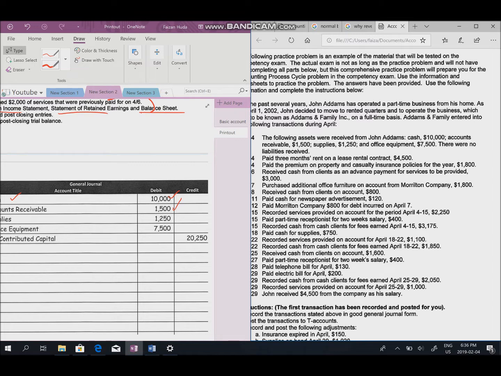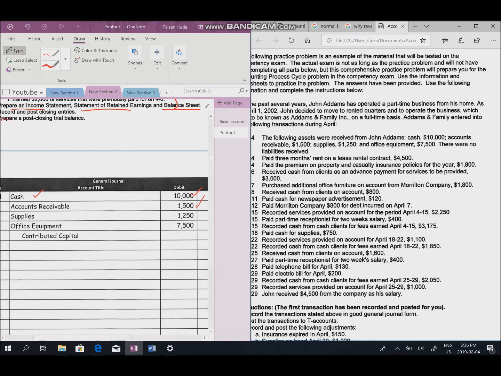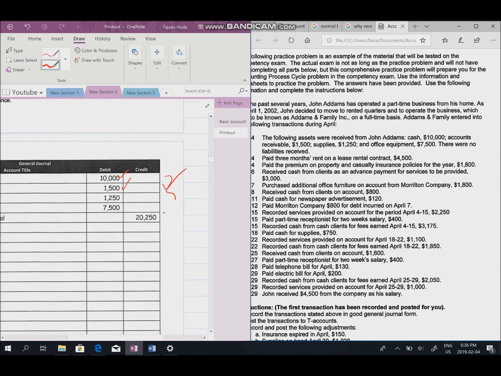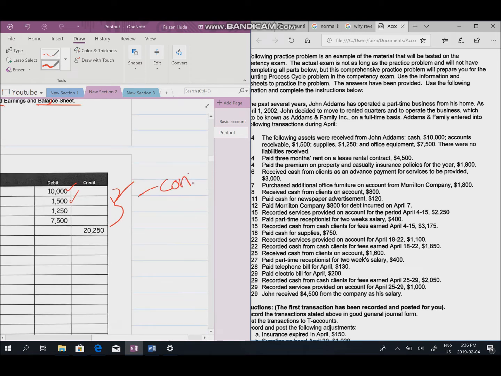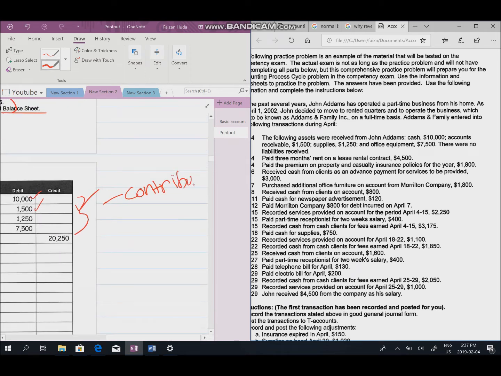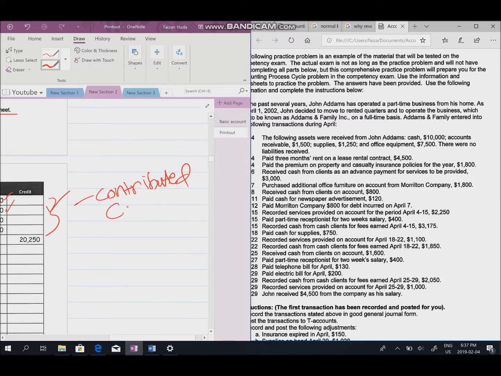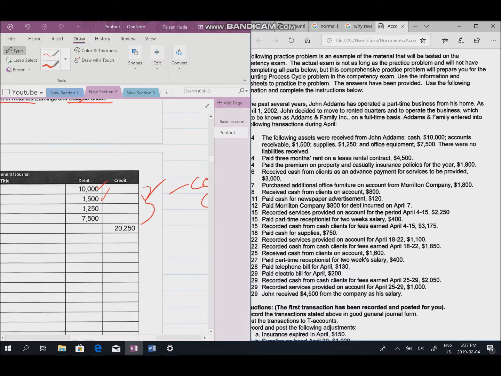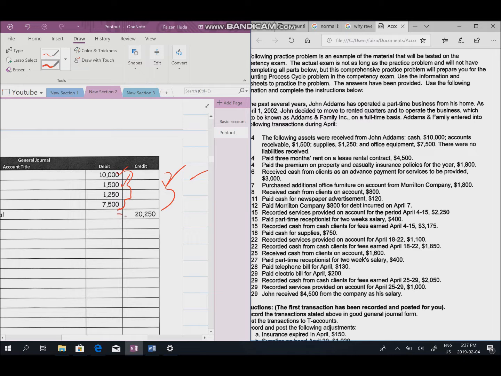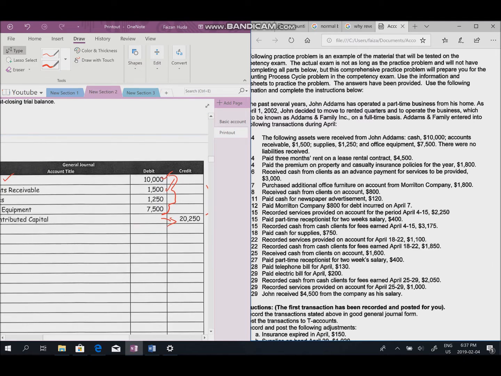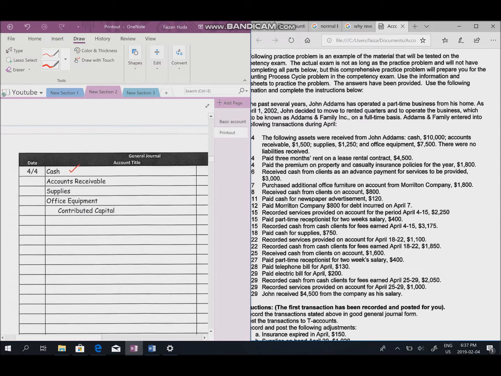And since we need to increase owner's equity, and every time we want to increase owner's equity we either credit revenue or contributed capital, since all of these four items are the contributions of the owner, this is contributed capital. The owner has contributed all these four items to the business. So if you add all of these up, you'll get this amount, and you'll credit this amount to increase your owner's equity. So I hope that is clear.